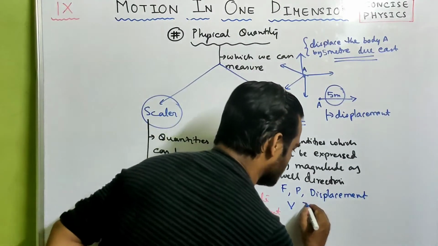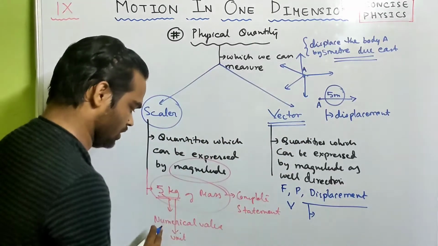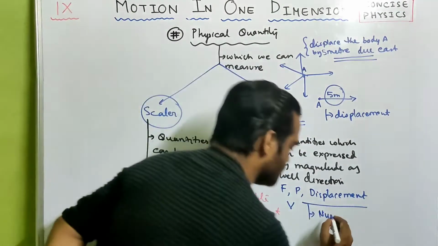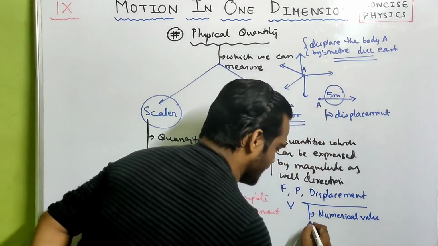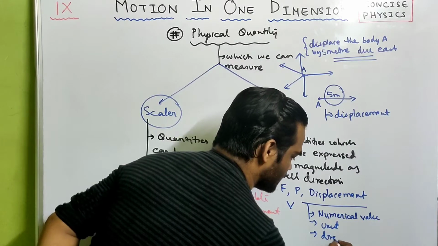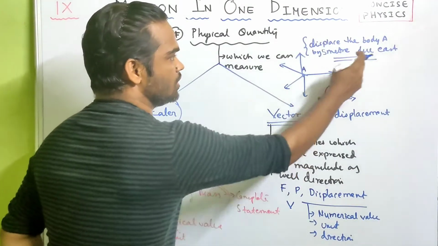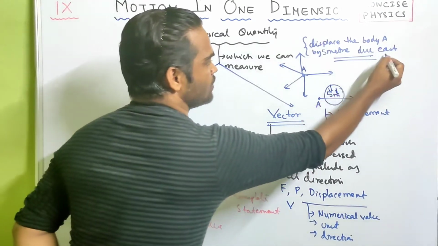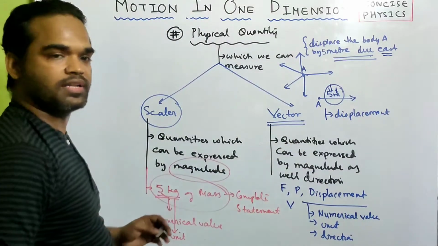How many parameters are there? Suppose they have a numerical value, 5 Newton, of course they have a unit, as well as a direction. Look over here, 5 meter due east. You have a numerical value, you have a unit, and you have a direction. So that is your vector quantity.